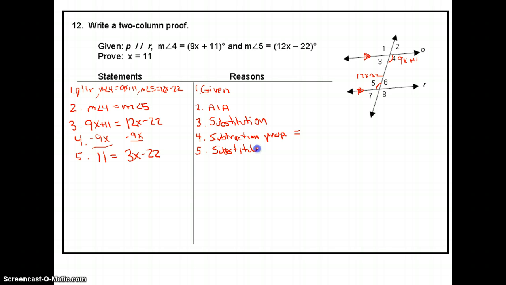My next step is going to be to add 22 to both sides. 33, that would be 3x equals 33, that's step 7. Step 6, I added, so that's addition. And 7, I just substituted the answer, so that's substitution again.